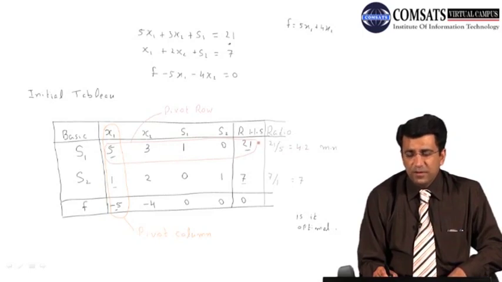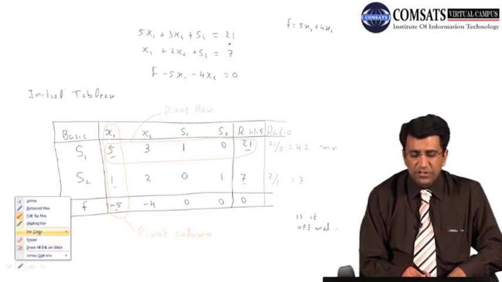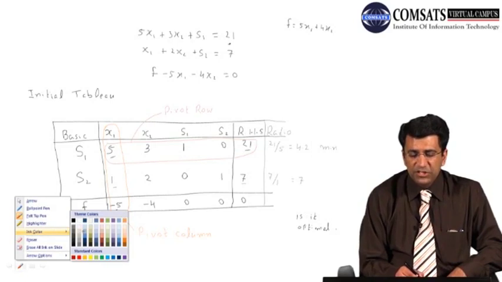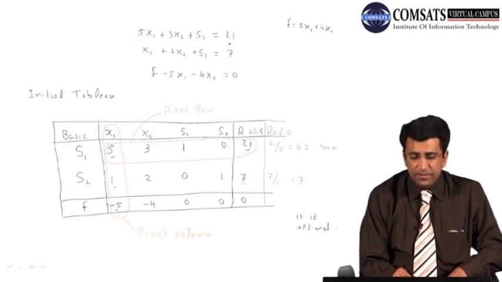There is another number which we'll have to identify, that is the pivot number. Now the pivot number is the number which is lying at the intersection of both the pivot column and the pivot row, and this 5 is that number.